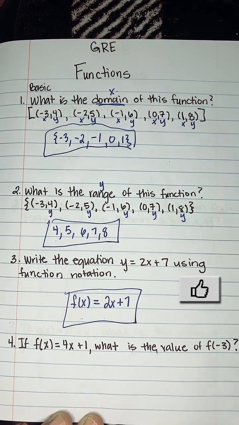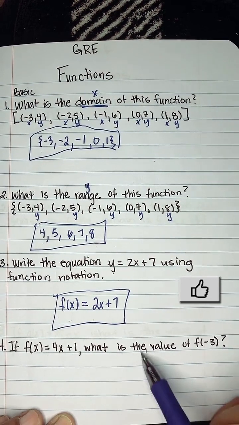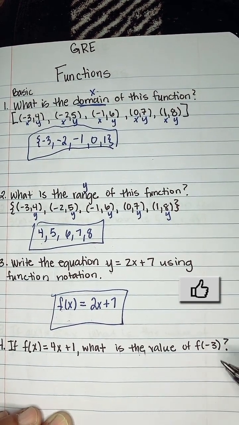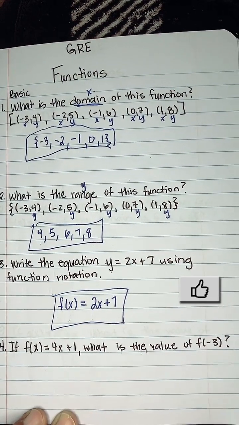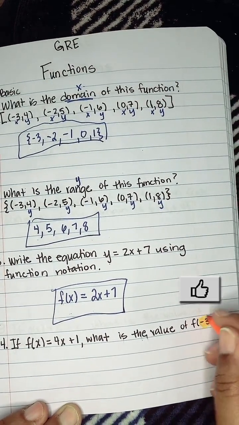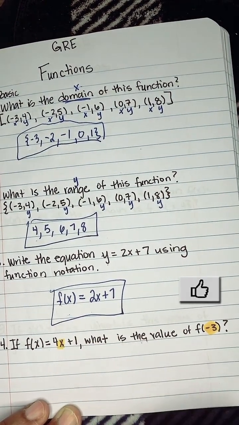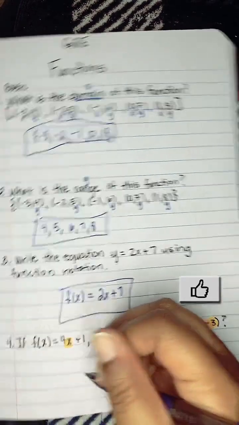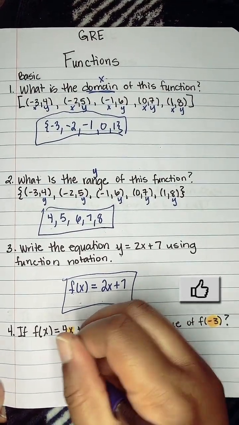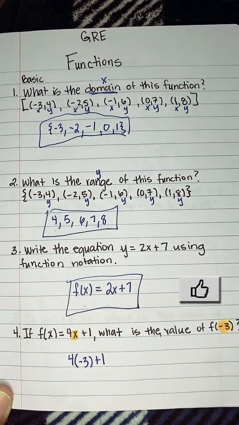Okay. So it says, if f of x equals 4x plus 1, what is the value of f of -3? Whenever you see this, what it's telling you is that you have to plug in -3 for the x. So we could write this as 4 times -3 plus 1.